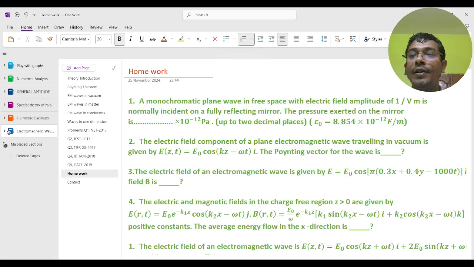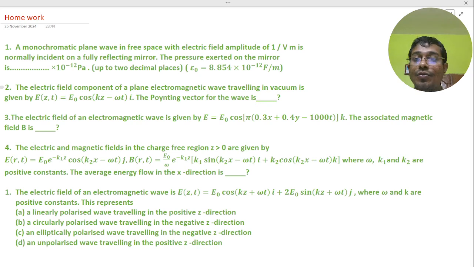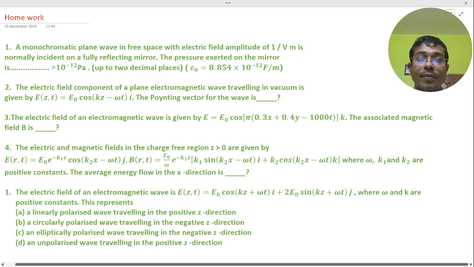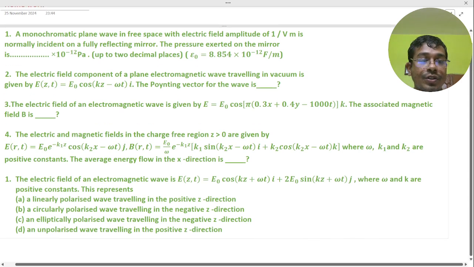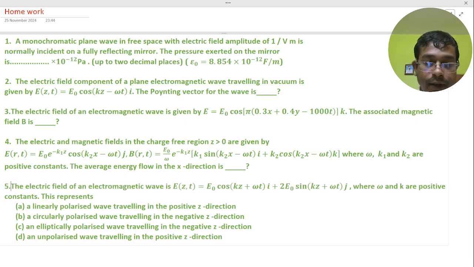I usually give homework for better understanding. We have solved five questions, and the homework for you is these questions, 1, 2, 3, 4, 5, for practice, standard questions from entrance exams.